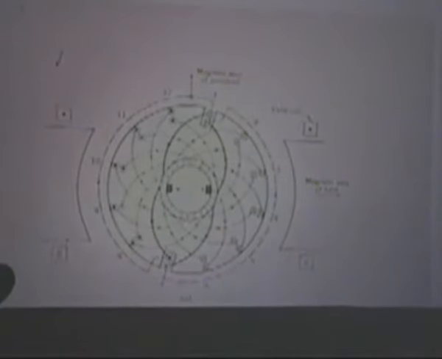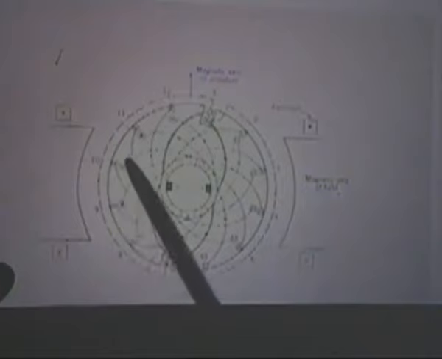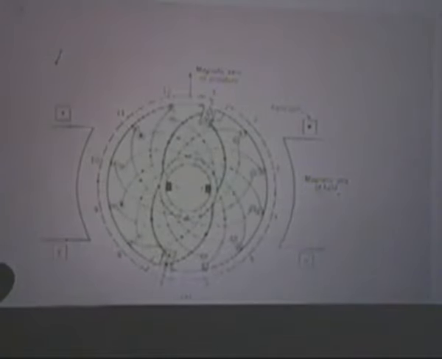Here is a 12 slot winding, wherein these 1, 2, 3, 4, 5, 6 are the 6 slots at present under the influence of one pole, and 7, 8, 9, 10, 11, 12 are under the influence of the other pole.